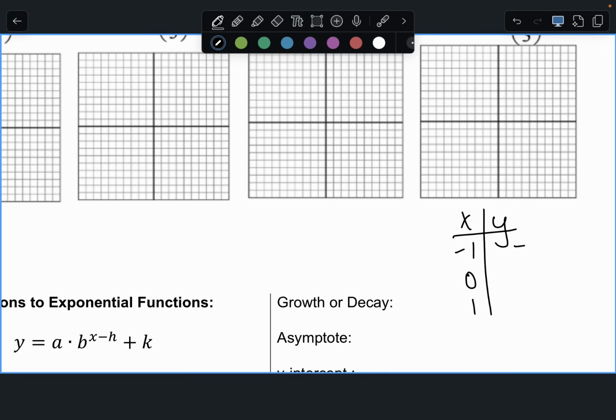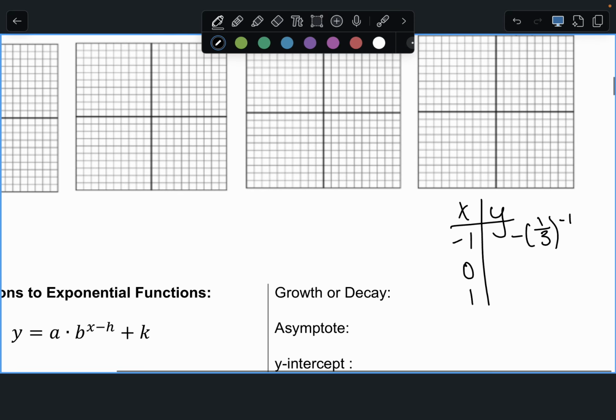I did negative 1/3 to the -1. Once it loads, so sorry. 1/3 to the negative first was 3. And then we just put a negative on. So we get -3. Okay. And if we graph that, -1, -3 would be right there.